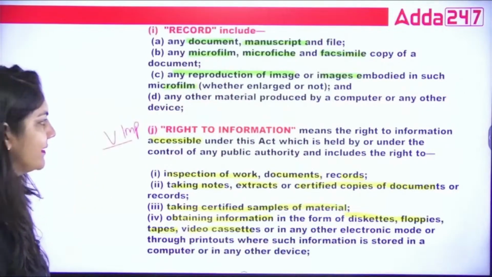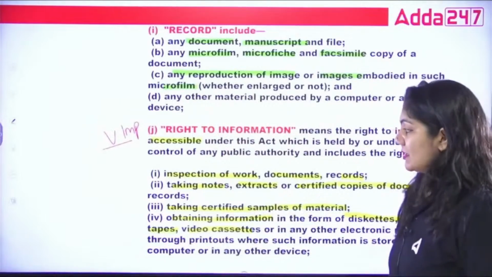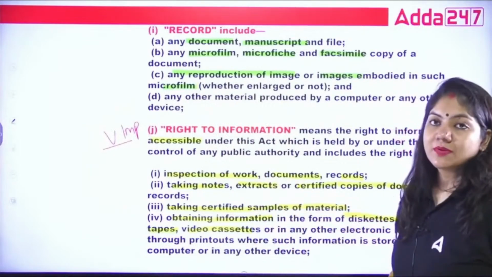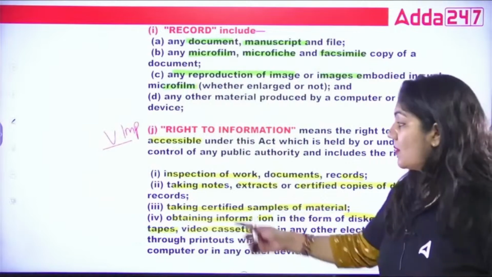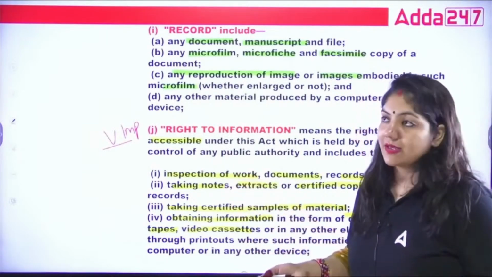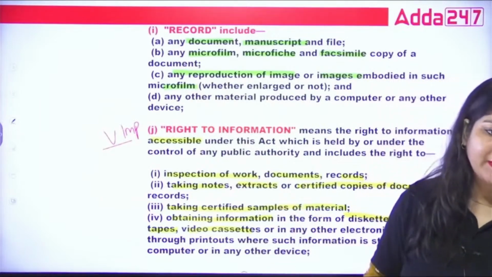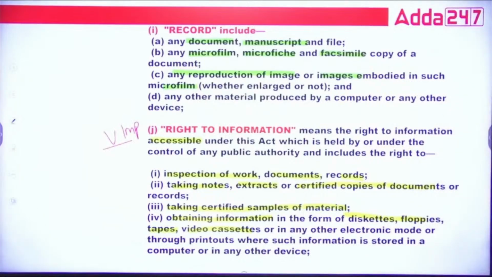First of all, learn these. It means what kind of information we can ask. We can ask the question in the form of inspection. We can ask the question in the form of notes, that we want notes for this particular thing. So these are the ways.